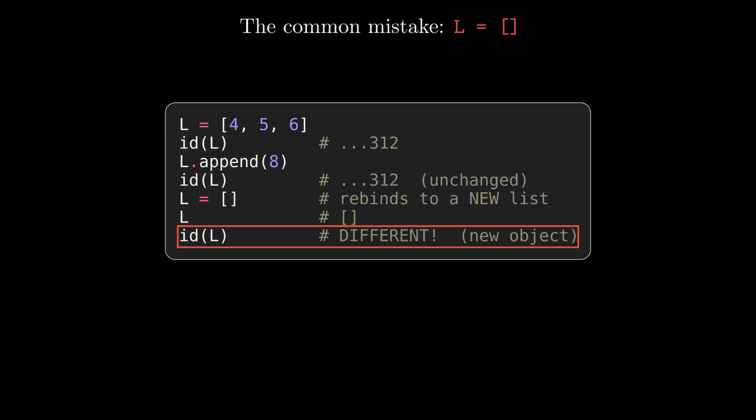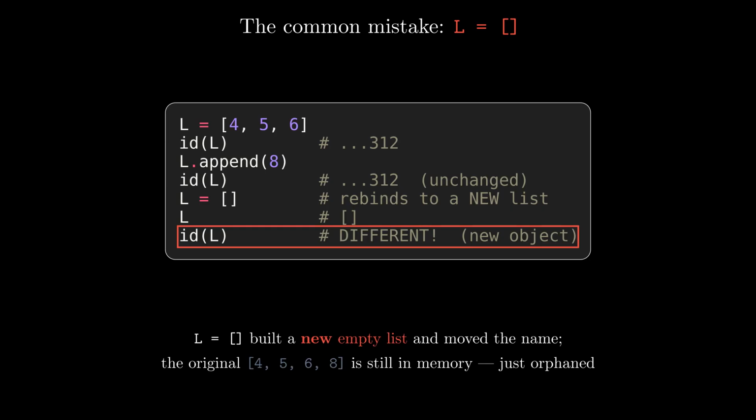That single line did something completely different. It did not empty our list. It built a brand new empty list and rebound the name L to that. Our original object, [4, 5, 6] plus the 8 we appended, is still sitting in memory. We have just lost the name that reached it.